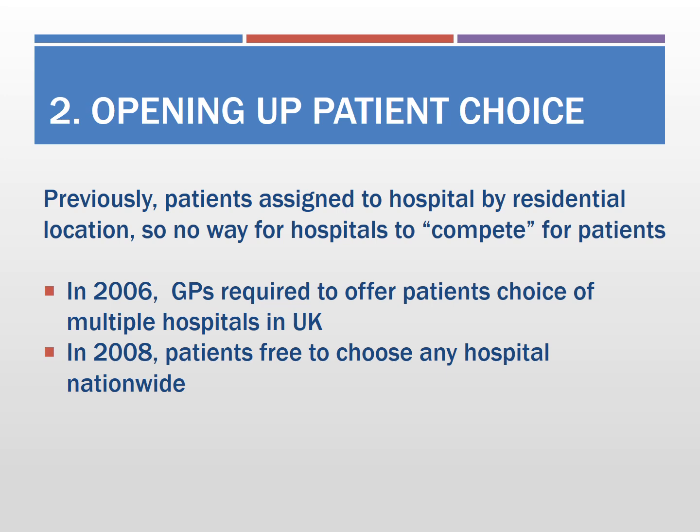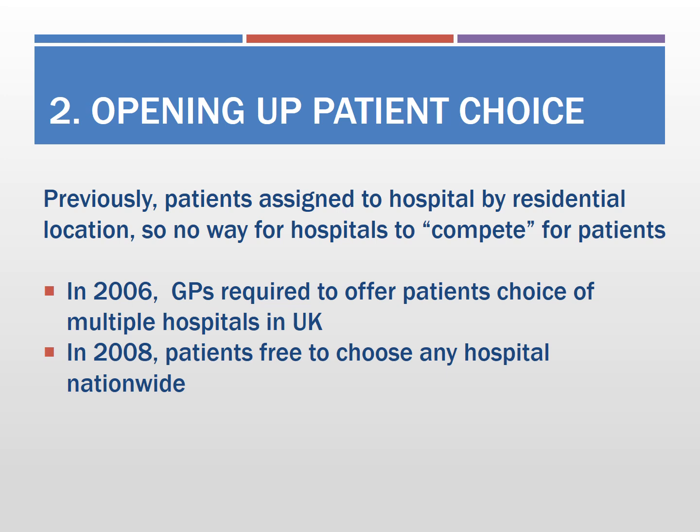Before the reform was introduced in the UK, patients were assigned a hospital by their residential location. So there was no way for hospitals to compete for patients, and this phenomenon is called the postcode lottery era.